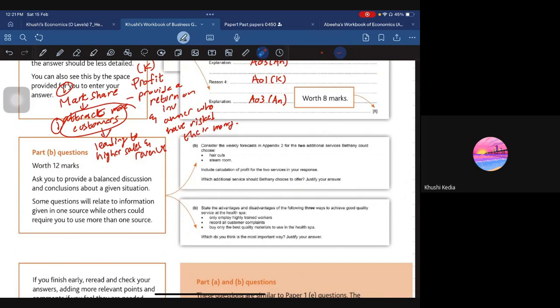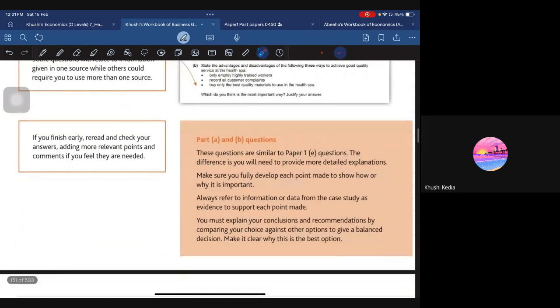The B part is question number one, two, three, and four, and these are of 12, 12, 12, and 12.